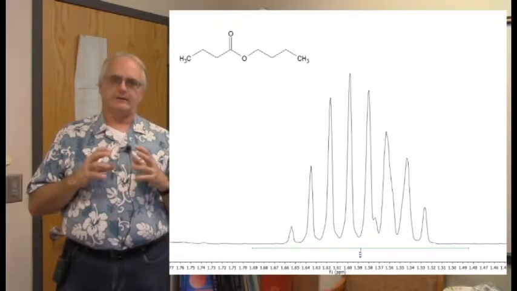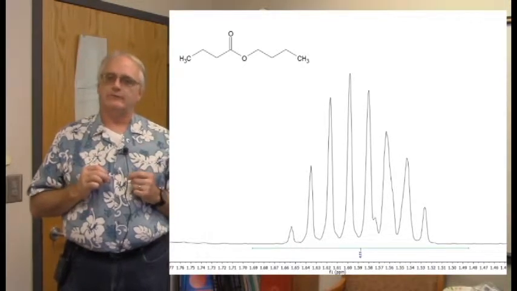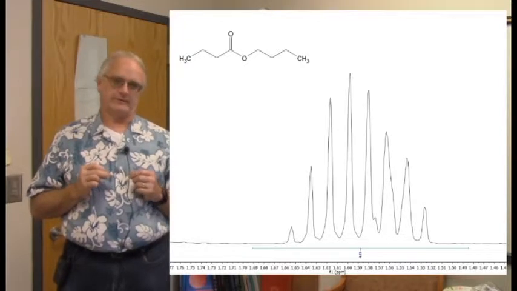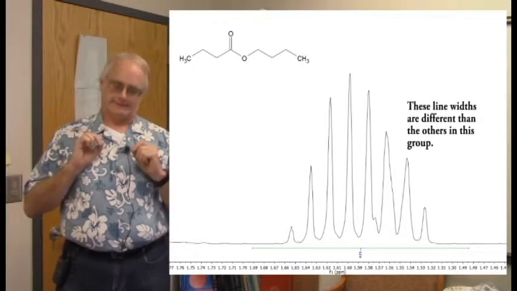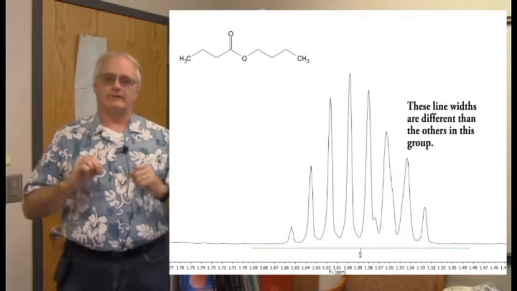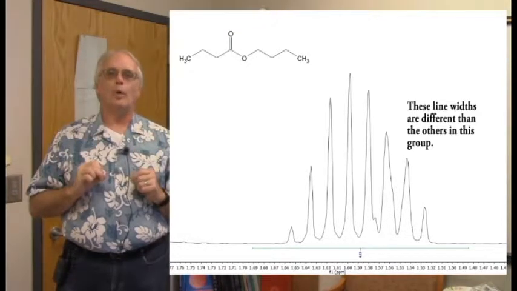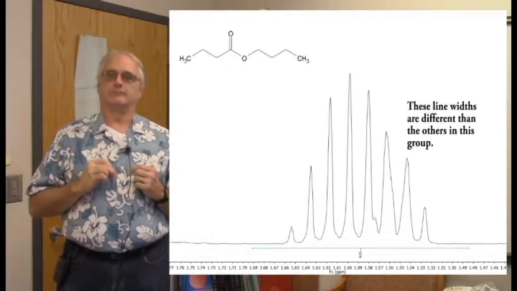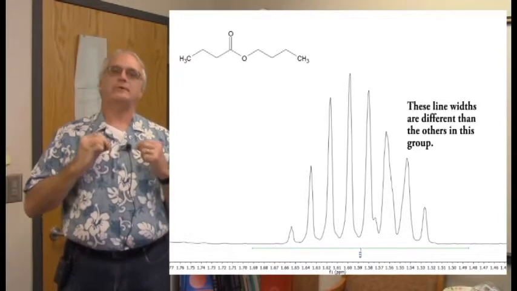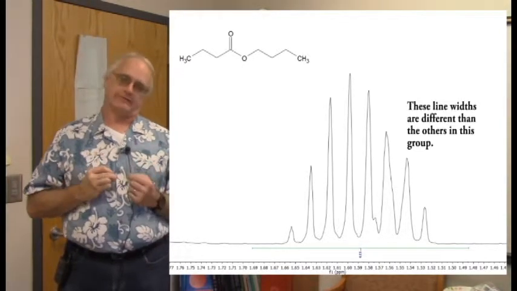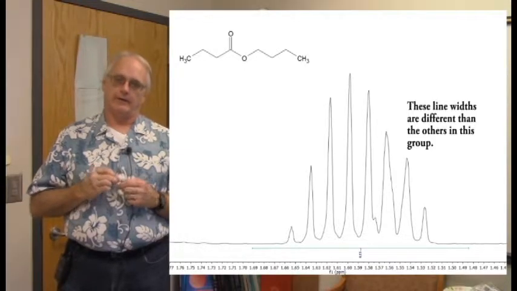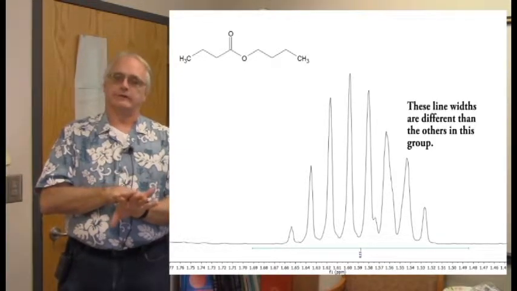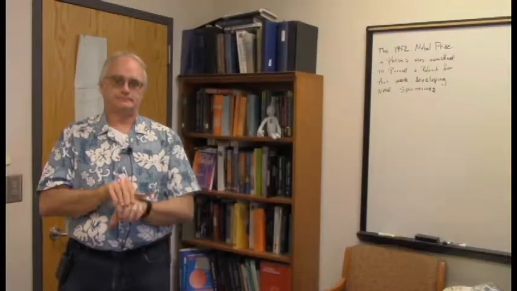In fact, if you look at it carefully, you could tell the line widths of part of this are not the same. Dead giveaway that this is more than one proton, unequivalent protons that just happen to have nearly the same chemical shift and are appearing over the top of each other in our proton spectrum.